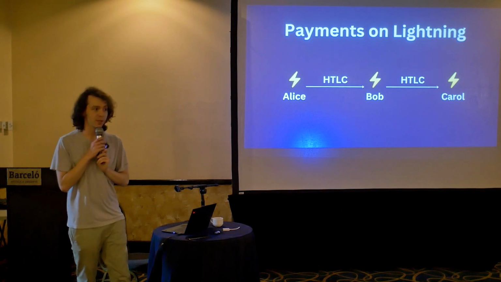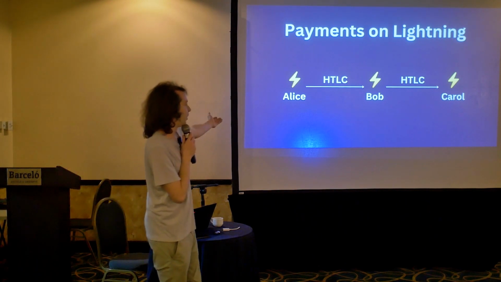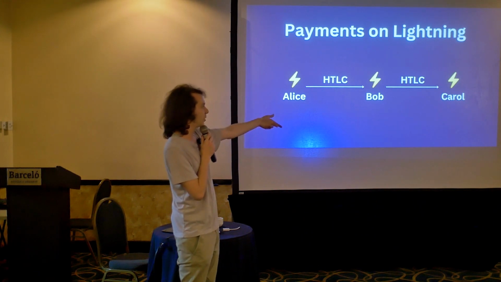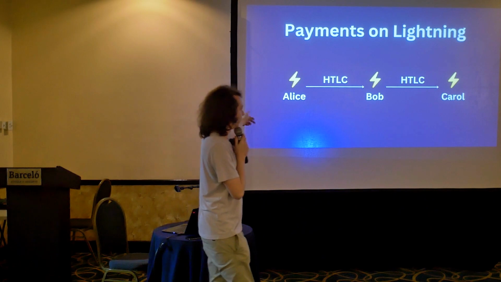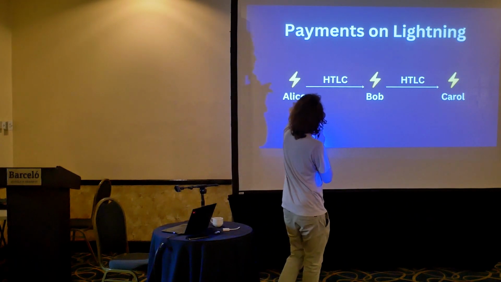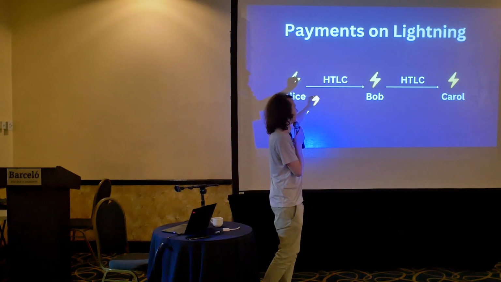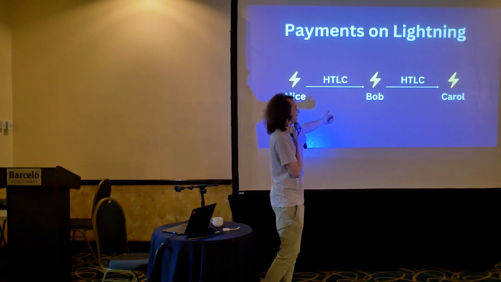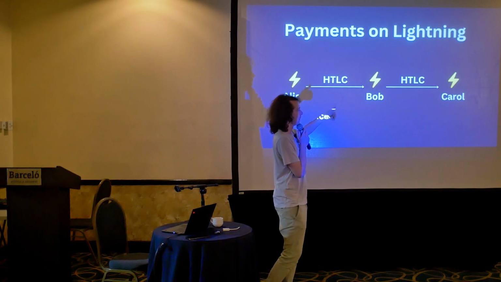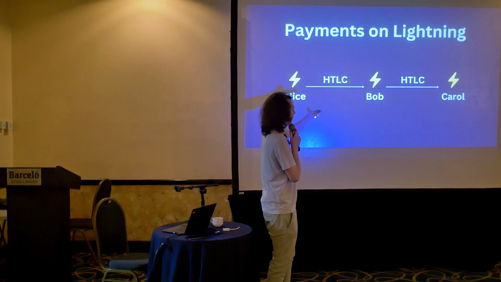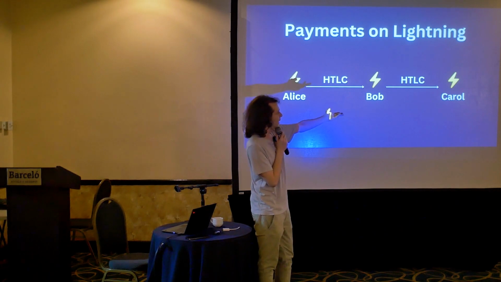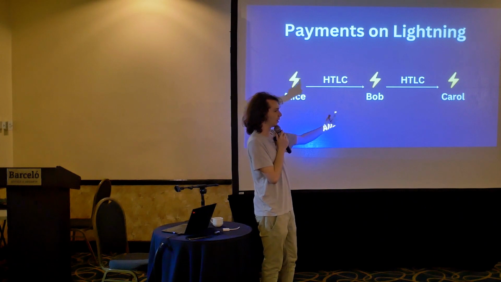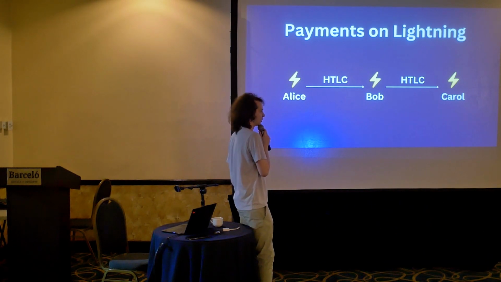And that's how all payments on Lightning work. When Alice wants to pay Carol by routing via Bob, what Alice does is send an HTLC from her node to Bob's node, and Bob then sends an HTLC from him to Carol, and you have this sequence of HTLCs. Carol, in the end, when she receives the HTLC, releases the secret of the hash lock, and the payment goes through.